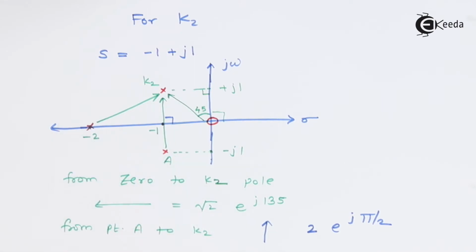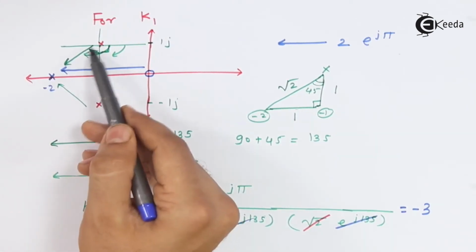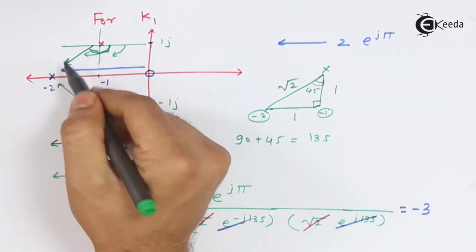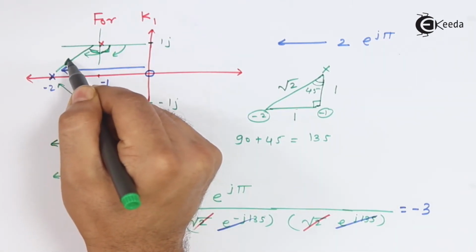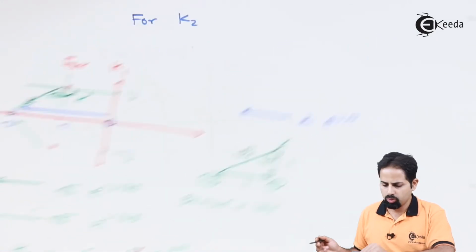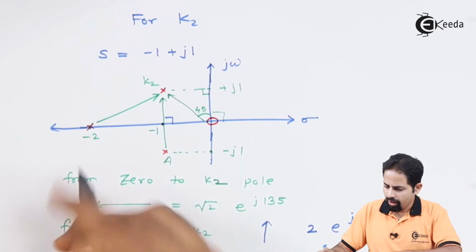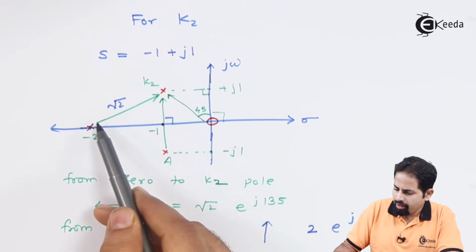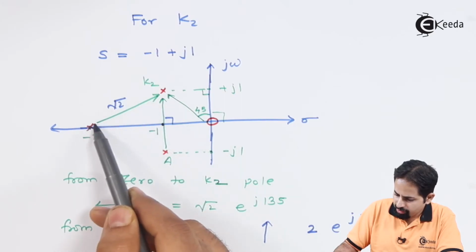Now pole at -2, so one more vector is there which is shown in green again, and for this vector again the length is going to remain the same. For K1 this total length was calculated to be √2, and this length will surely be √2, and we are drawing this vector from this pole to this pole.